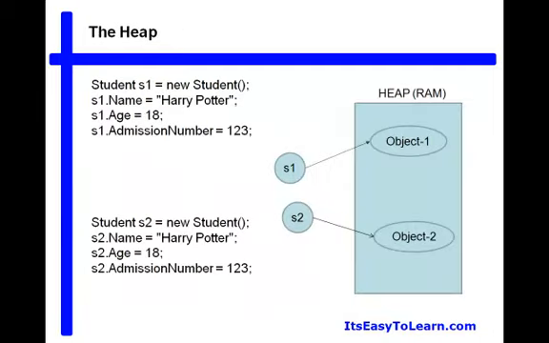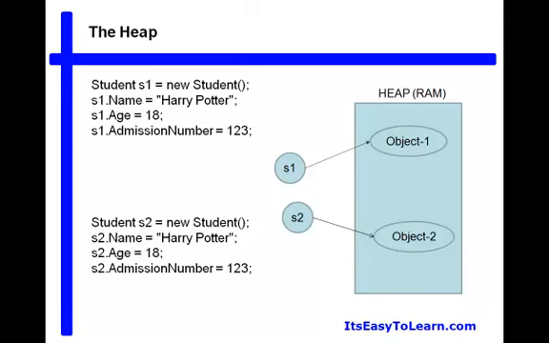To understand how object equality comparison is done, we need to understand the heap memory. Okay, heap is an area in the memory, generally in the RAM. And when you say I create a new object called S1, what the compiler does, or the operating system does, is allocate a memory area on the heap and give your program a handle to it.